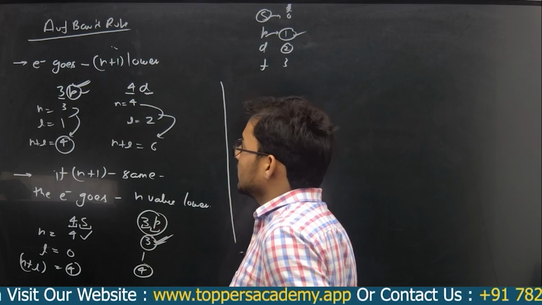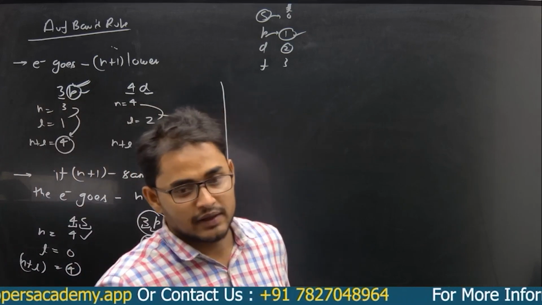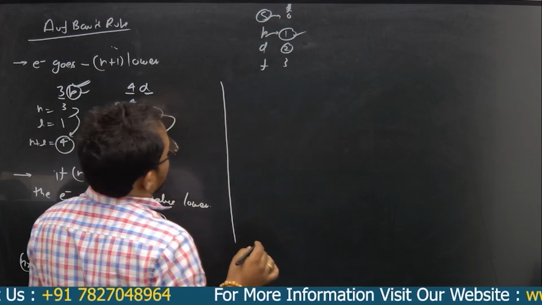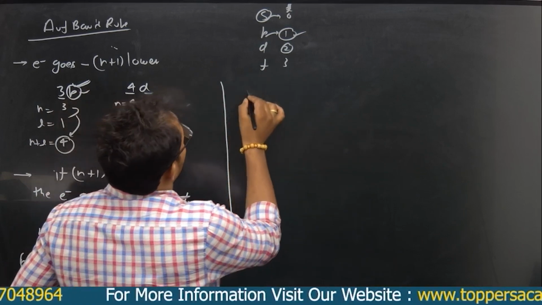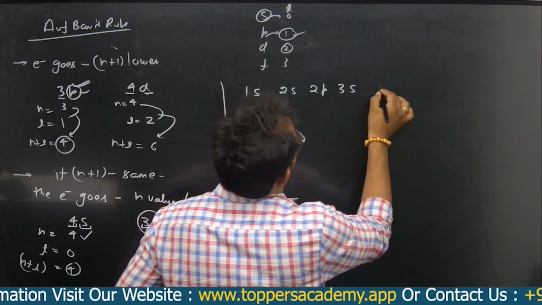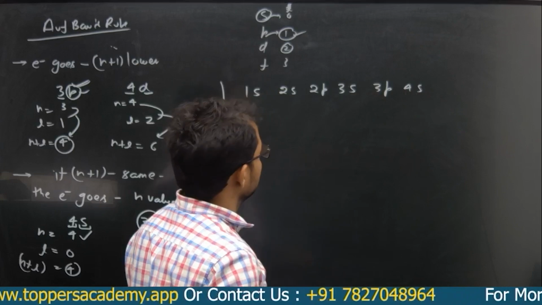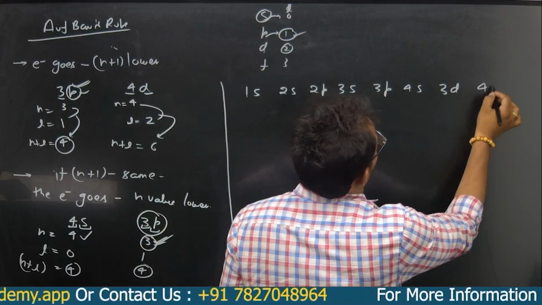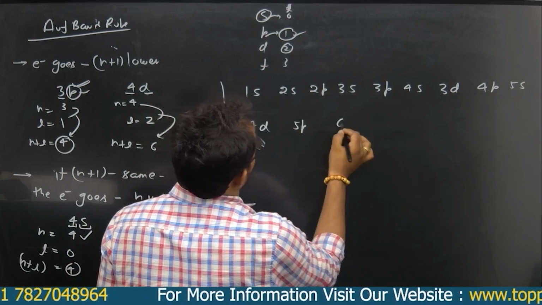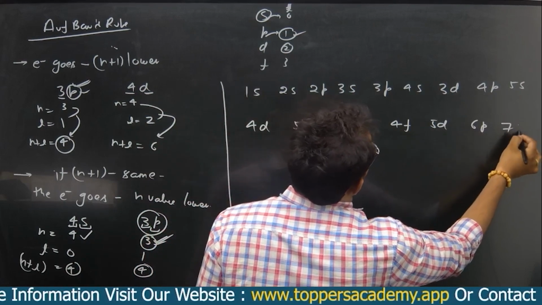So we have calculated the value of n plus L for all the subshells, and we have arranged them in increasing order of energy. The order is like that: 1s, 2s, 3s, 3d, 4p, 5s, 4d, 5p, 6s, 4f, 5d, 6p, 7s.